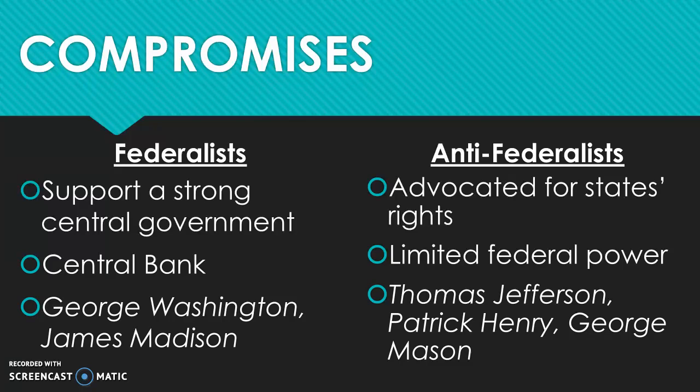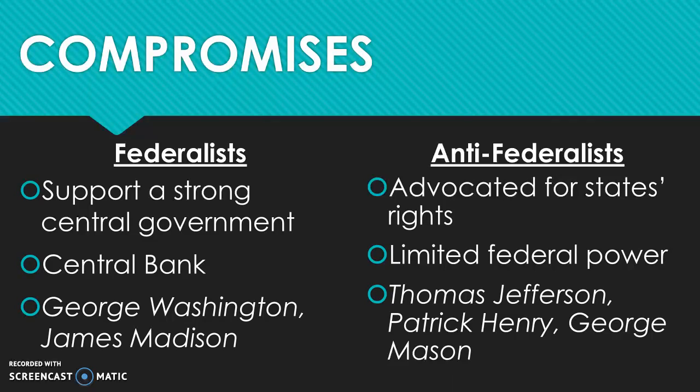There are 2 interpretations of how America's government should be run. And if you look at these lists, you can sort of see the origins for what will later become our 2 major political parties. On the one hand, we have Federalists. Federalists support a strong federal or central government that has a lot of power and influence over the individual states.